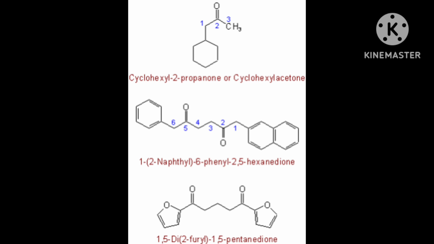If a double bond is there, then that will be sp2, because 2 valency is from the double bond and single valency is only 2. sp2 means here total is 3. Then if it is a carbon-carbon triple bond, then only one valency is remaining. That's why it is called sp, because s and p are taking part.